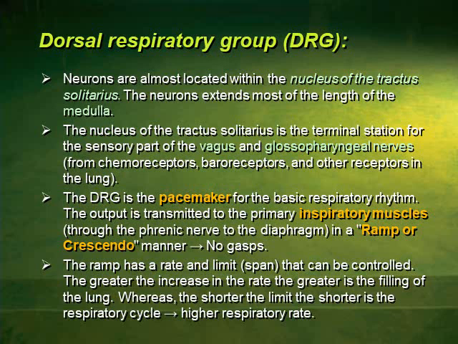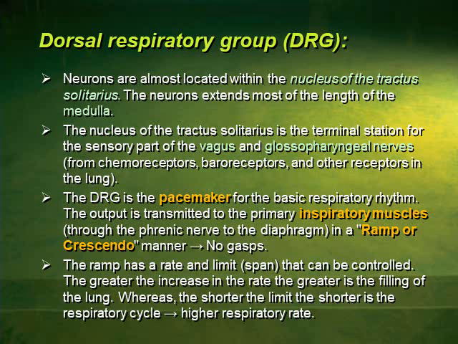Please remember that the nucleus of the tractus solitarius is the terminal station for the sensory part of the vagus and the glossopharyngeal nerves, from the chemoreceptors, from the baroreceptors, and other receptors in the lungs.